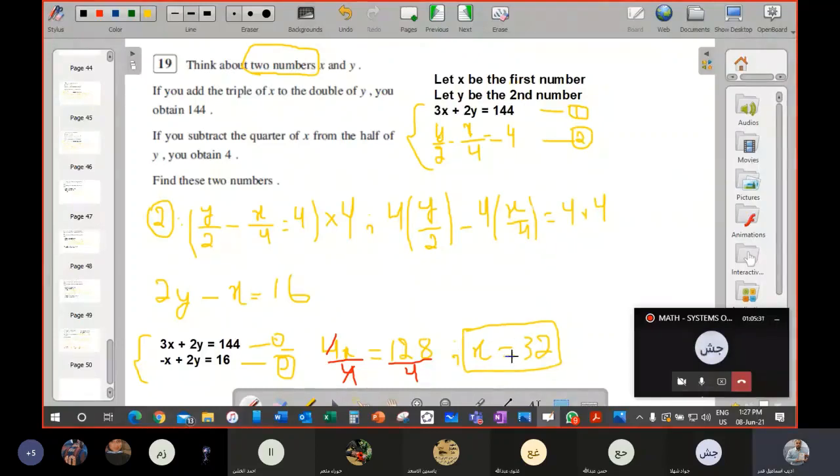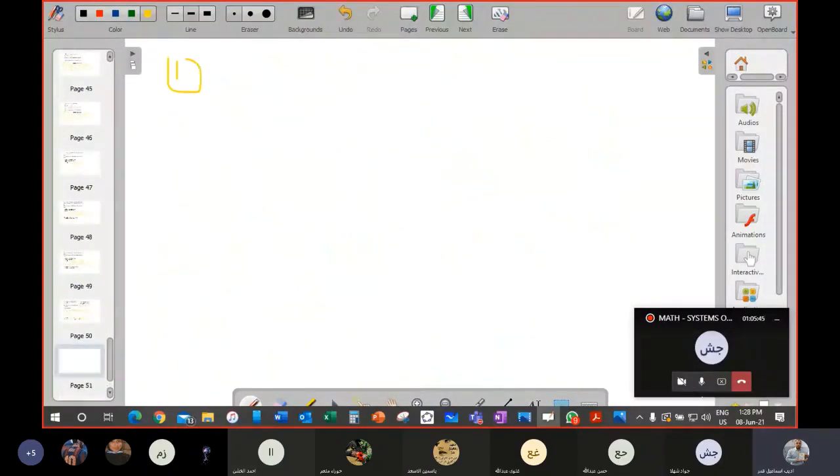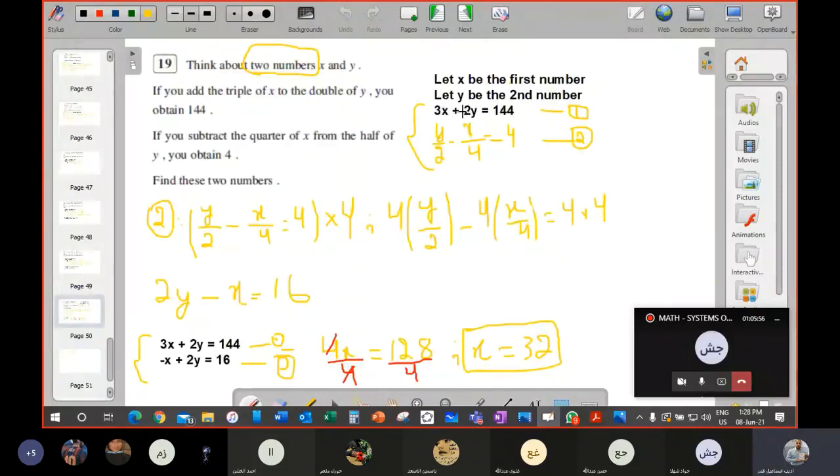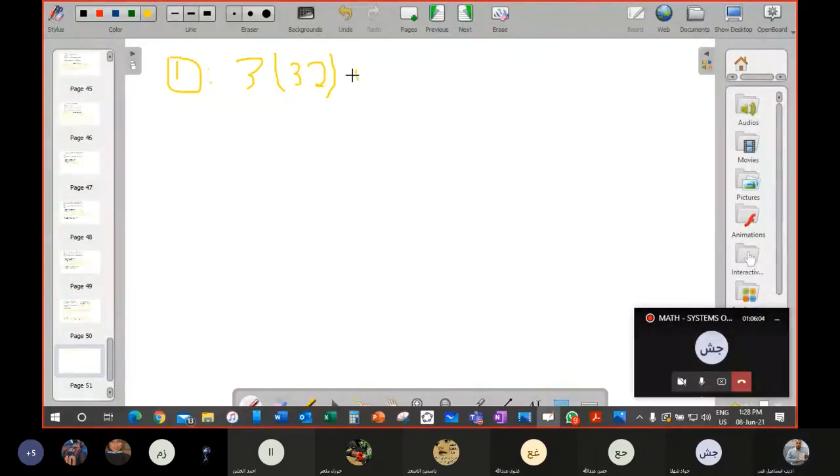Now, where do we substitute this? Where do you want to substitute x equal 32, in which equation? Equation 1. In equation 1 we have 3 into 32, 3x plus 2y, we need to find y, equal 144.